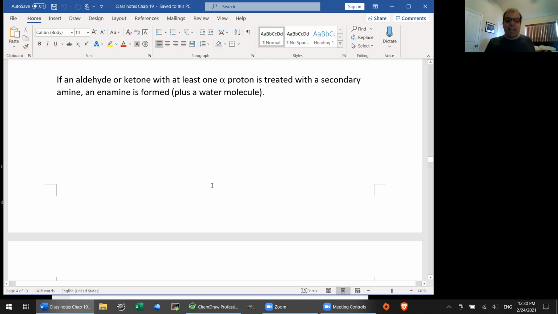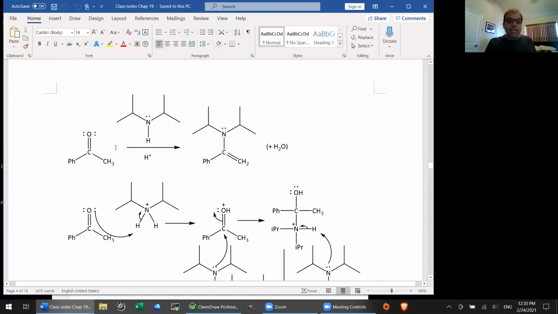Alpha means next to. In other words, we need to have at least one proton on a carbon next to the carbonyl carbon. So not coming off the carbonyl carbon. I'm not talking aldehyde protons. But you need to have at least one alpha proton, meaning it's on the carbon next door to the carbonyl carbon. If you don't, again, you won't get an irreversible reaction. But as long as you have at least one, you're good to go.